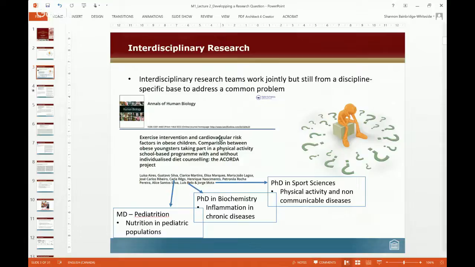Cardiovascular risk factors, depending on how they're assessing those, could be a biomedical or an epidemiological type spin. They're specifically looking at obese children. And in fact, if you read further on, they're looking at a school-based program which includes individualized diet counseling. So there's actually a nutritional spin on this as well. So certainly just reading the title, it looks like there are quite a few different concepts and possibly disciplines being brought to the table in the development of this study.